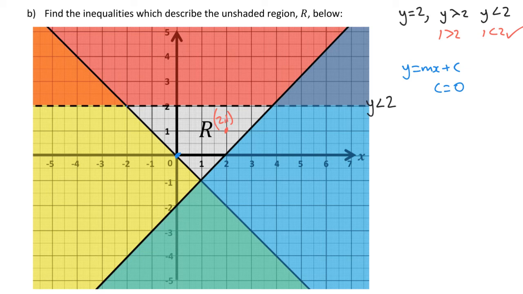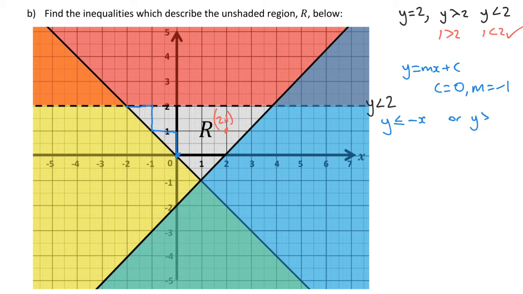Now the gradient is the rise over the run. So this moves to the right 1 square and down 1 square, right 1 square and down 1 square, so that means the gradient is minus 1. So the equation of the line is y equals minus 1x plus 0, which is just the same as y equals minus x, but because it's an inequality, and because it was a solid line, it's y is less than or equal to.